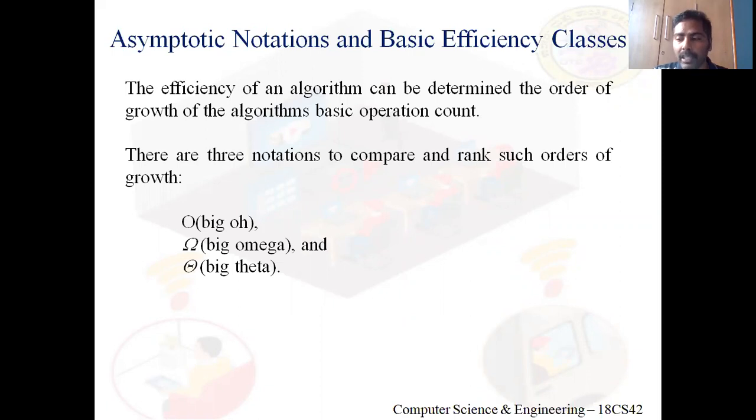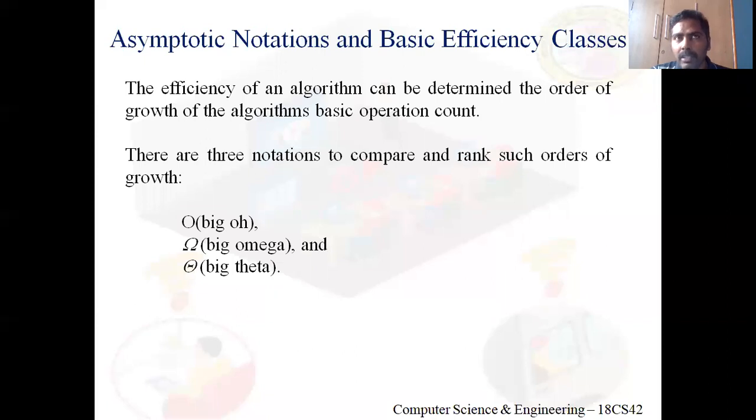I mean to say, now I need to determine the number of times the basic operation is going to be executed on doubling the size of the previous run. To be more precise, by what amount the basic operation count will increase when I double the size of the input compared to the previous run.